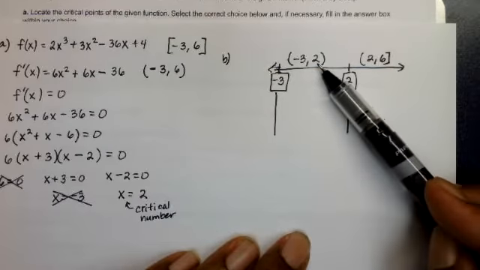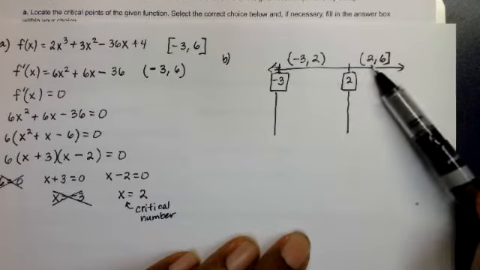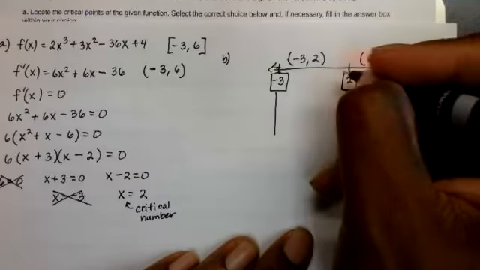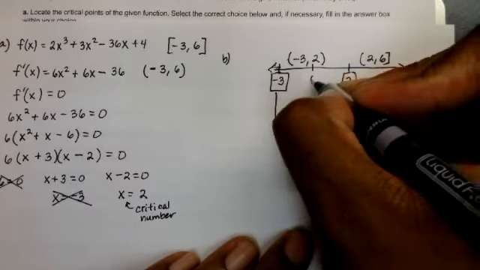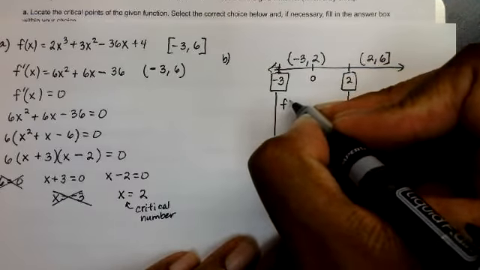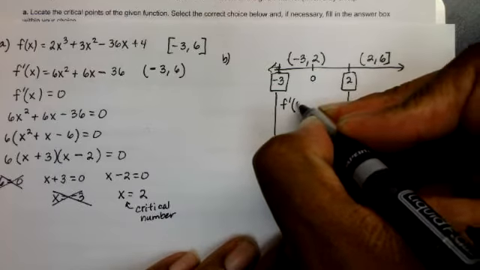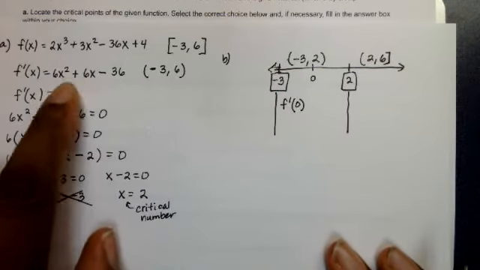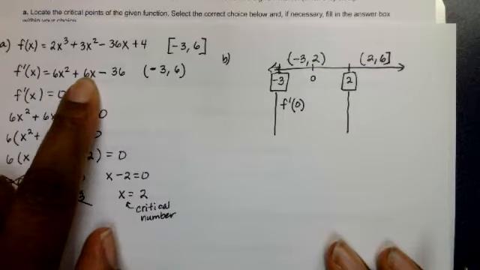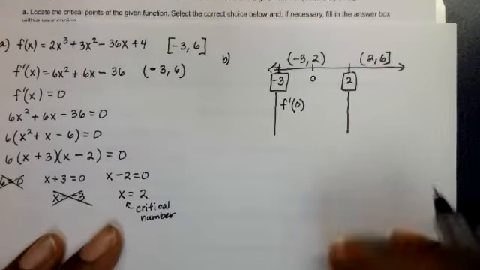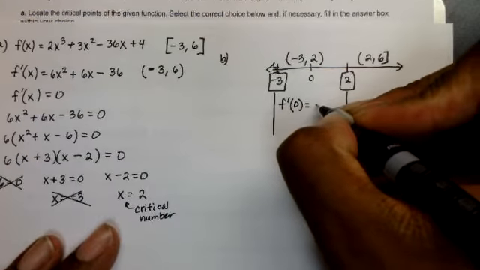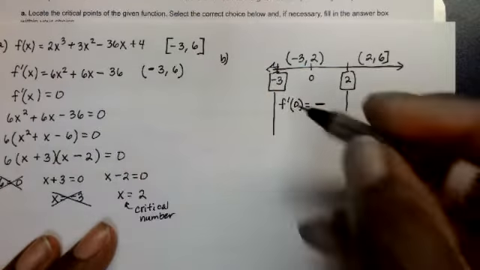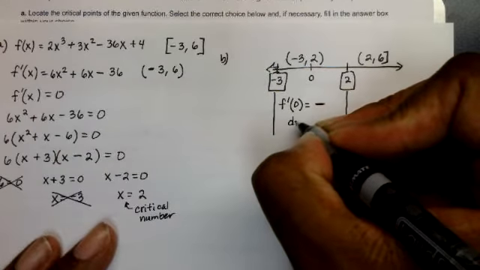So from -3 to 2 will be one interval, and from 2 to 6 will be the other interval. Between -3 and 2, let's use 0. We're going to evaluate f prime of 0 using this f prime of x function. This will be 0, this will be 0, minus 36 will be -36. So that's negative, which means the graph of this function would be decreasing.